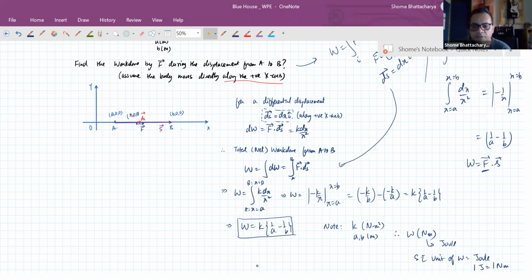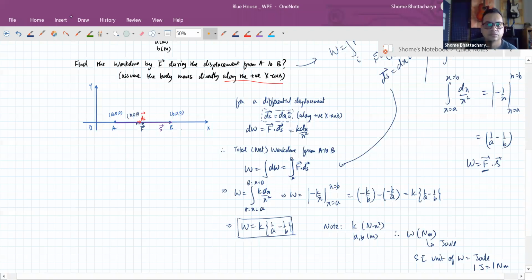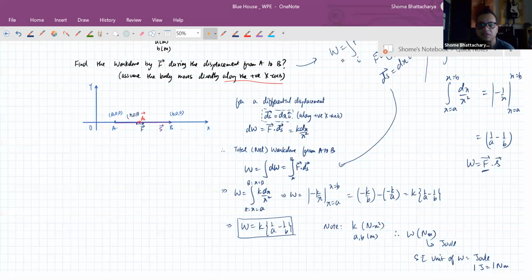Okay, so I hope this calculation is clear to all of you so far. Yes, that's correct, Piyush. The relationship between joule and newton meter that you expressed is correct.